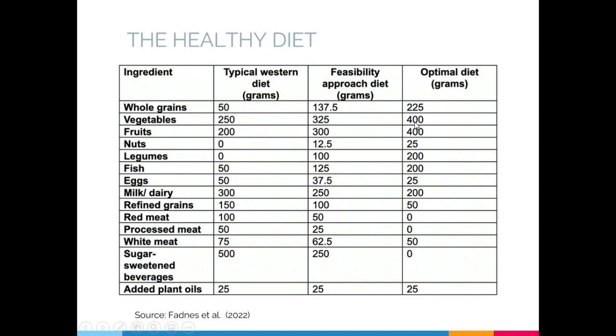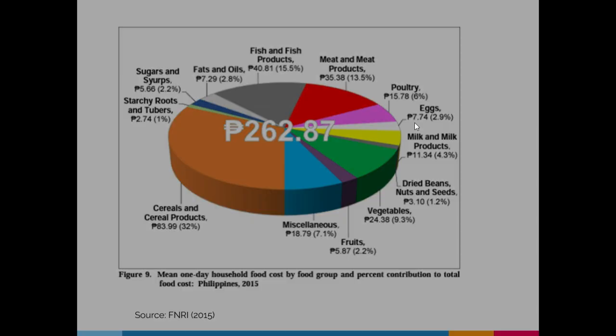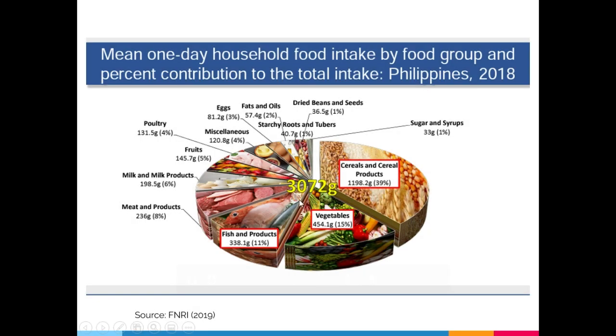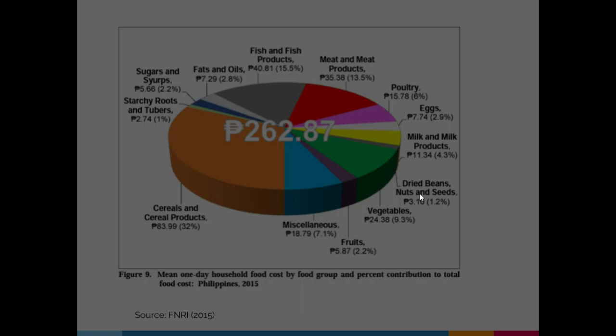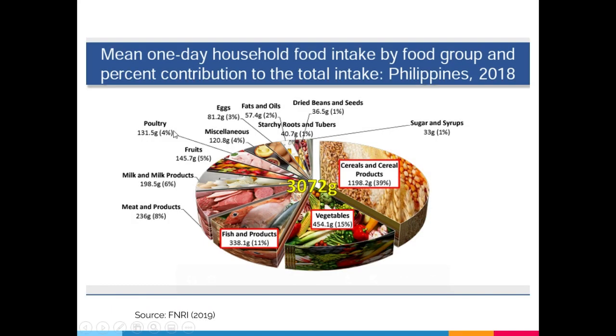According sa healthy diet, 400 grams ang minimum sa vegetables, which na comply sa Filipinos. Okay? What about fruits? Kaning wa nato na comply ang fruits. Ang sa milk, wa nato na comply, gamay na lang, 198 man to, then 200 ang sa healthy diet.